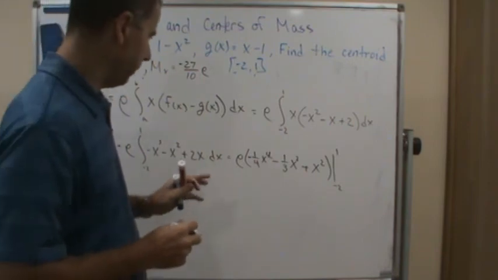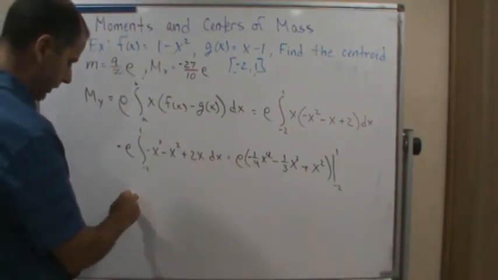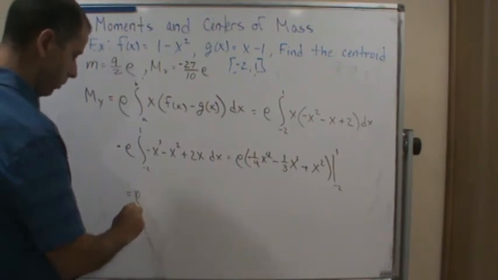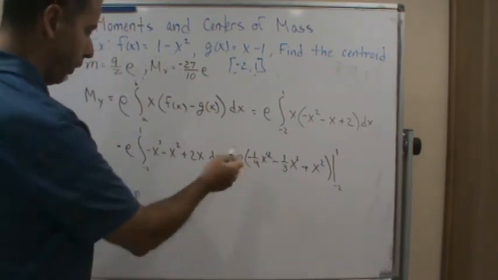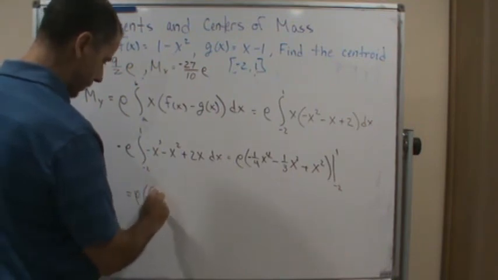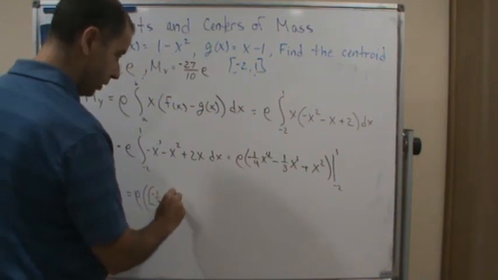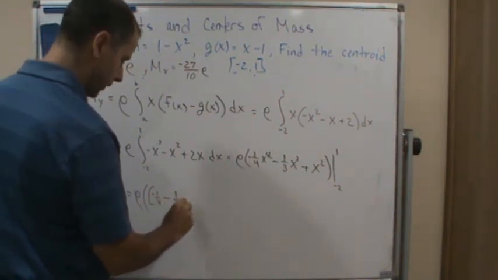Okay, so now we evaluate this thing, right? So what do we get? We get rho, again, 1 is just going to give us the same thing, so this is going to give us -1/4 minus 1/3 plus 1.